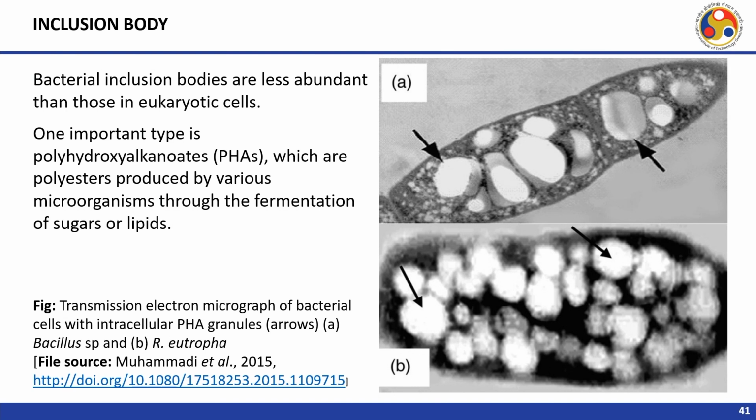So, this is a TEM micrograph of bacterial cells with intracellular PHA granules. In A, we can see these granules present in Bacillus species, and in B we can see the granules present in R. eutropha.